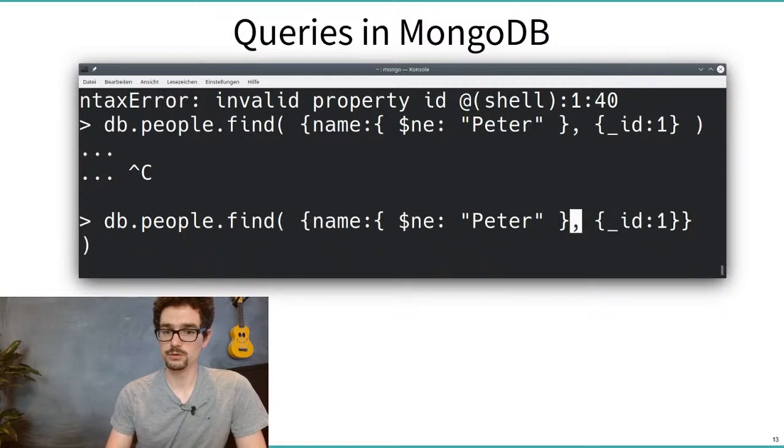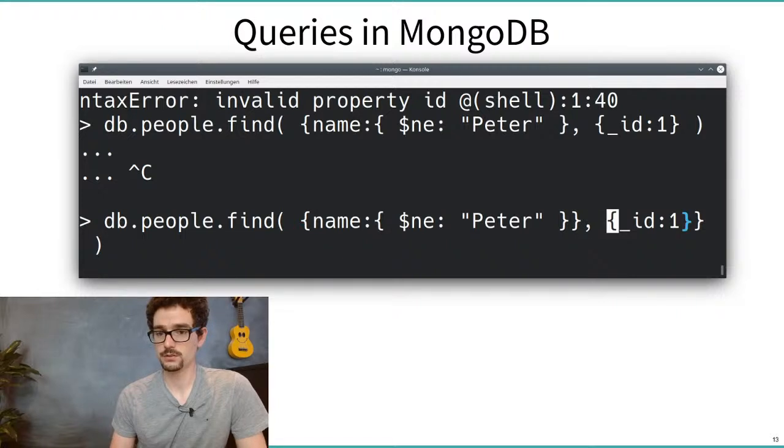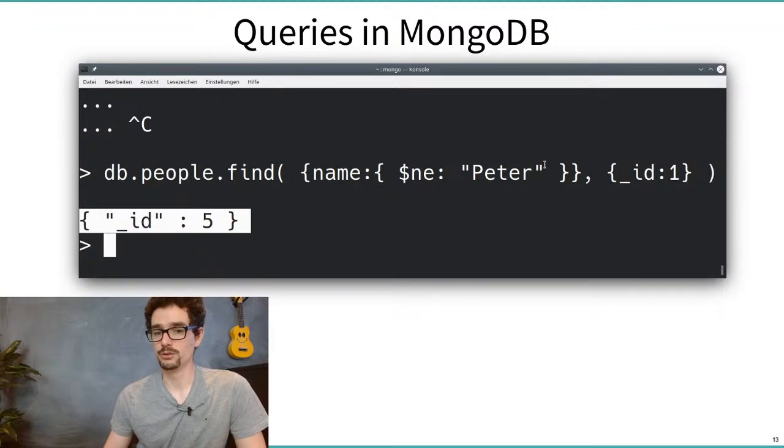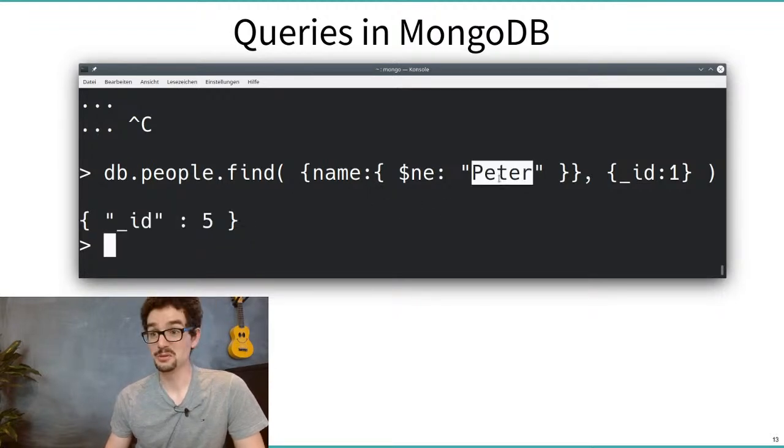I have to close the projection here. This is the projection bracket, and this is the selection. This is the projection, and now my query is finished. And then I only find the ID of the person whose name is not Peter.